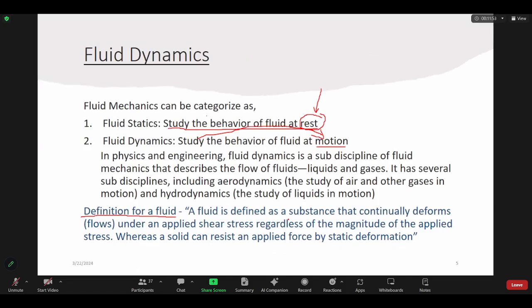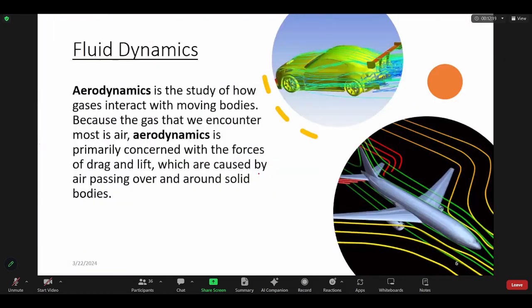So we can identify a fluid as a liquid or gas that may continuously move and deform under an applied shear stress or external force, according to the fluid definition.